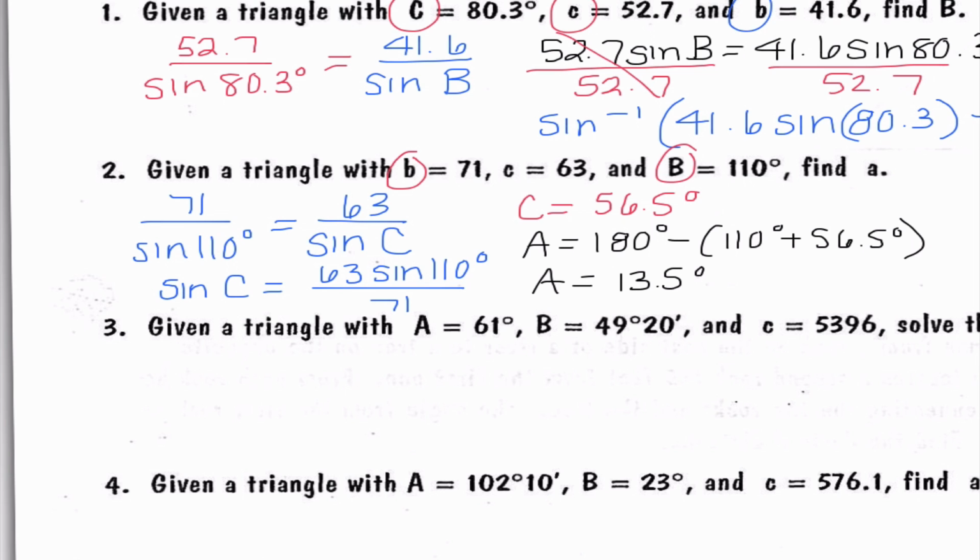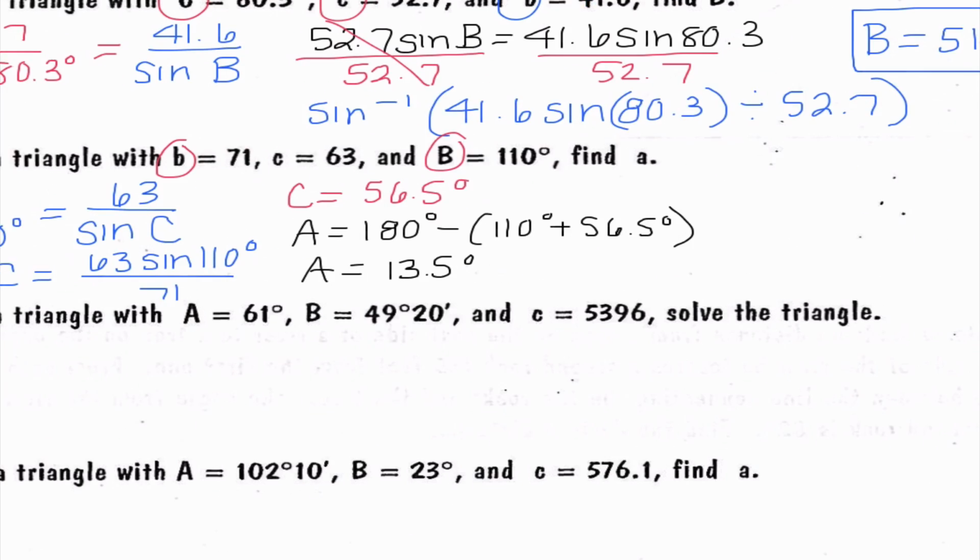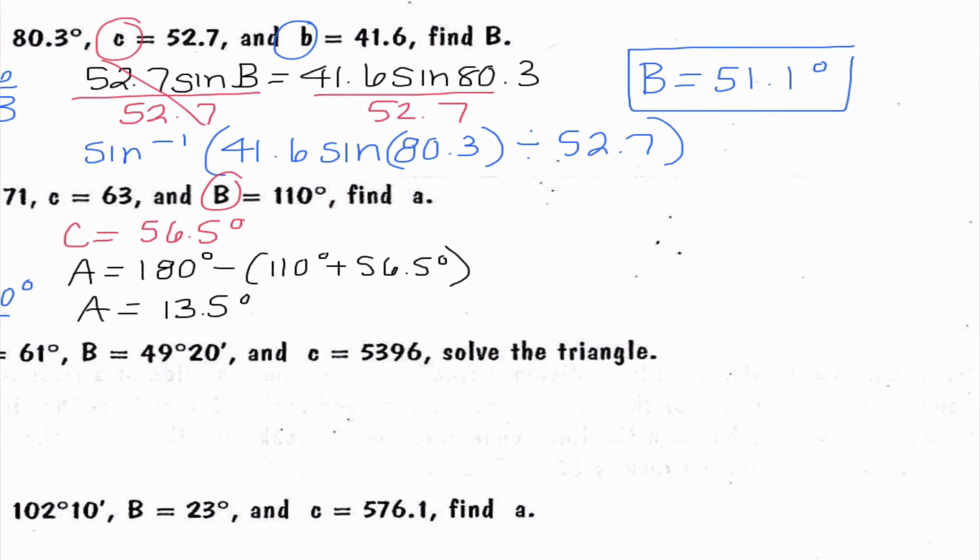So right away, I'm noticing that side A is definitely going to be the smallest one because angle A is the smallest angle. So now we're going to set this up again, and I'm going to use the information that we don't know. So A over the sine of 13.5 degrees, and then I'm going to use the given information.